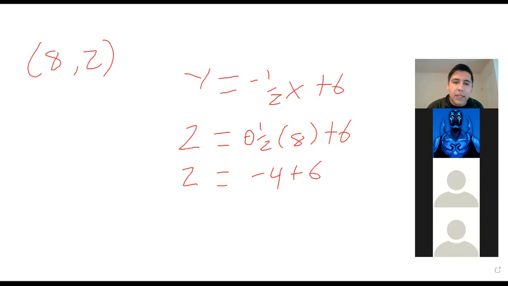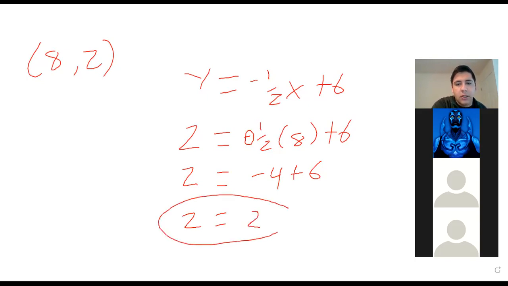And we have -4 plus 6. And what would that give us? That gives us a positive 2.